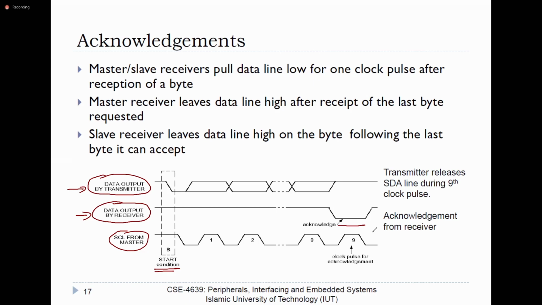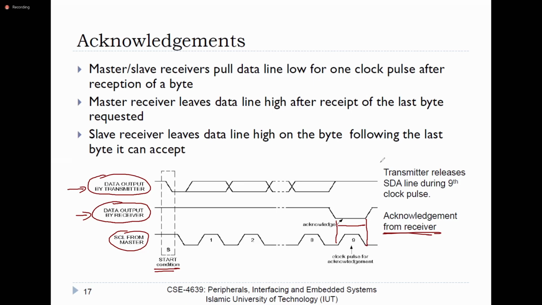For a single clock pulse, it will maintain a logic low signal on the data line. The receiver will send this logic low signal, so this will be treated as an acknowledgement from the receiver end.